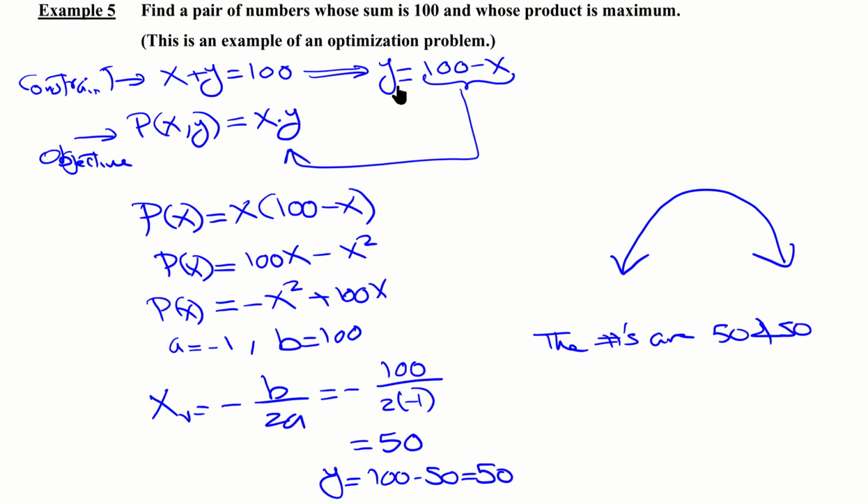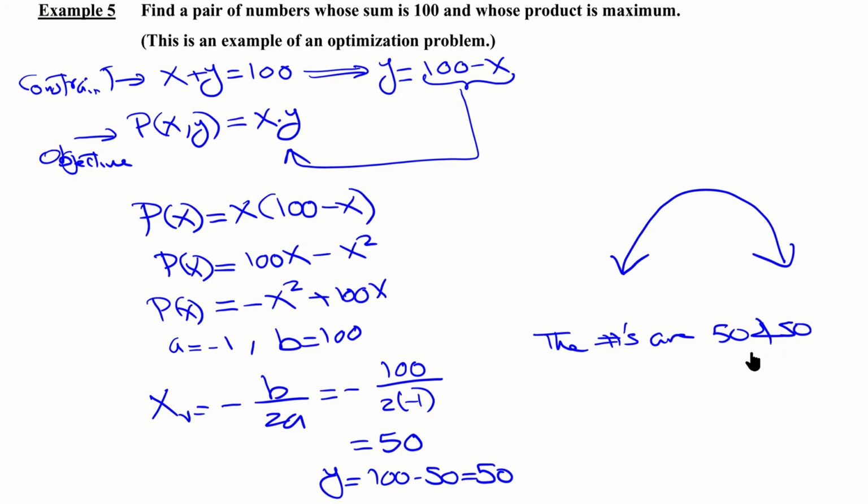So of all the numbers that you can add together to get 100, the two numbers that will give you the maximum possible product are 50 and 50.